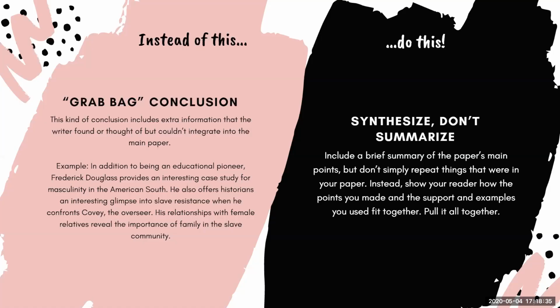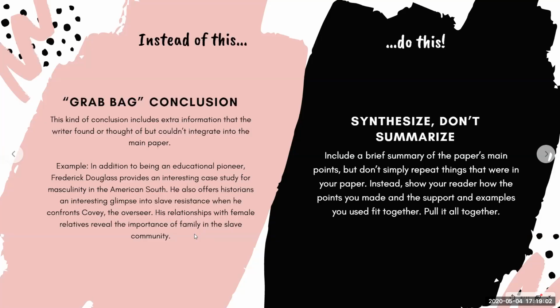As you can see from this paragraph, these are one, two, three ideas that are completely different from one another. Each one of these ideas could probably be their own paper. This talks about masculinity in the South. This talks about slave resistance. And this talks about the importance of family in the slave community.